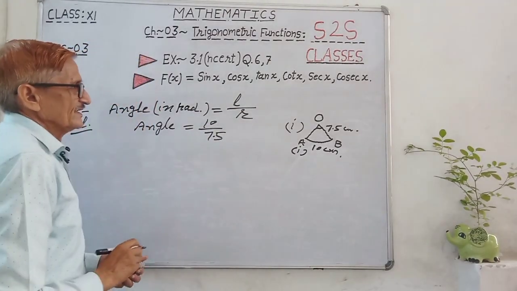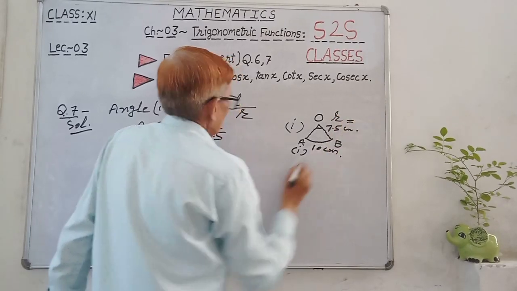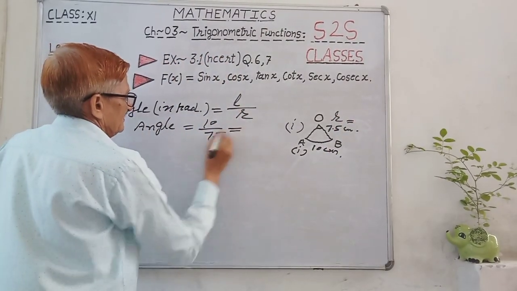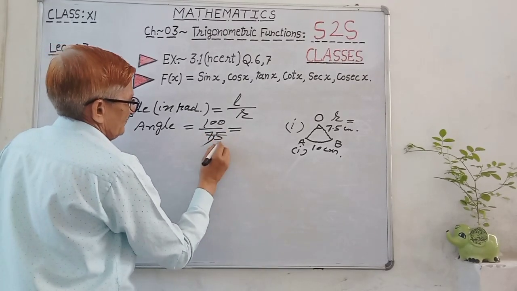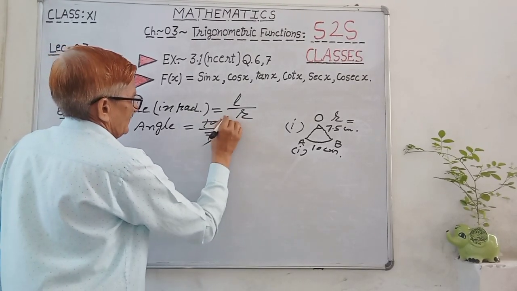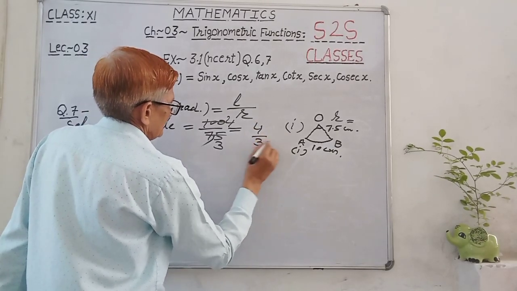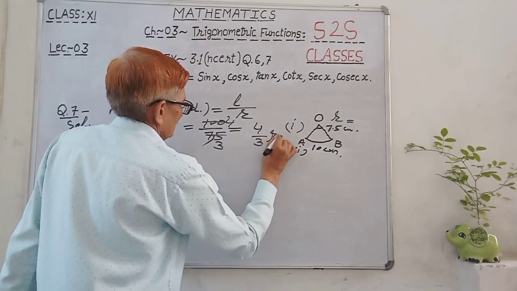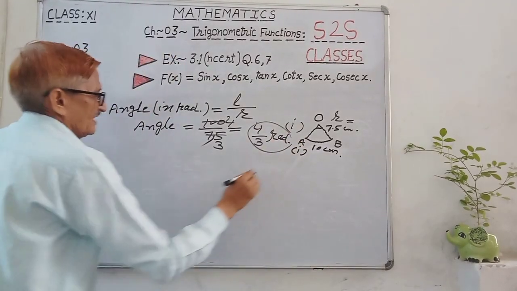This is the radius R. Now simplify. Decimal removed. 25 threes are 75, 25 fours are 100, then 4 upon 3 radian. This is the angle.